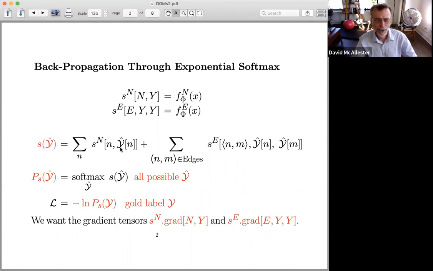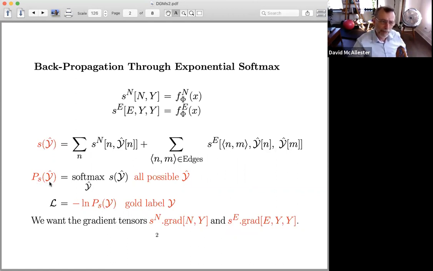So this is a node and the labeling assigned to that node. We get a unary potential summed over the nodes. We're also going to sum over the edges and get our binary potential. So we take the two labels this global labeling assigns the two endpoints, and we look up the compatibility score.